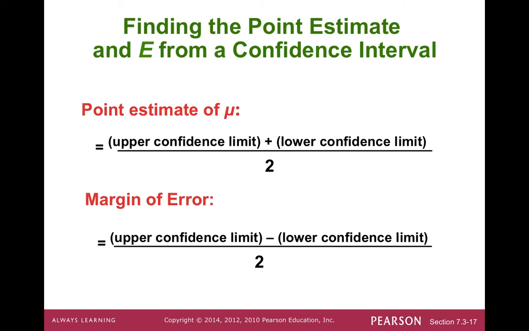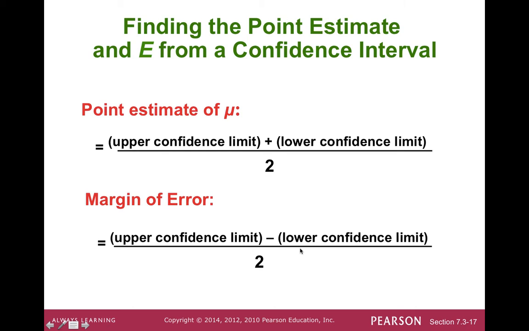Okay, a couple of other things. We can find point estimates and E from a confidence interval. So once you have a confidence interval, you can actually make these estimates. If you know your upper confidence limit and your lower confidence limit, add them and divide by 2, and it gives you a point estimate of your population mean. So if you're ever given a problem where you're given your confidence limits or you've been able to calculate them, you can then come back and do this point estimate for the population mean.